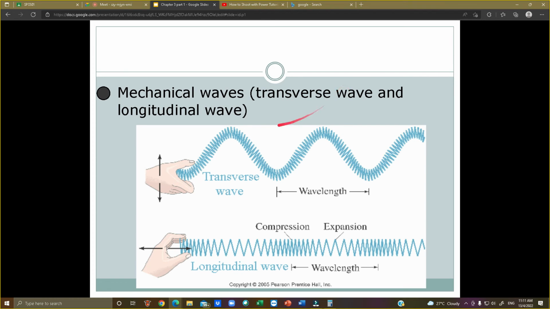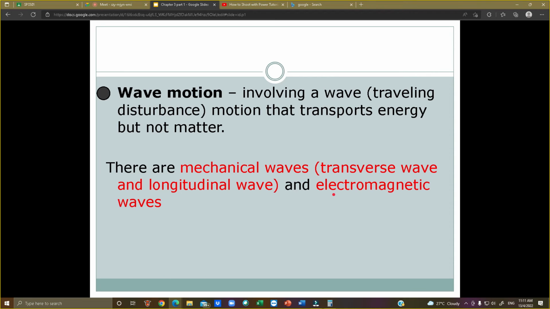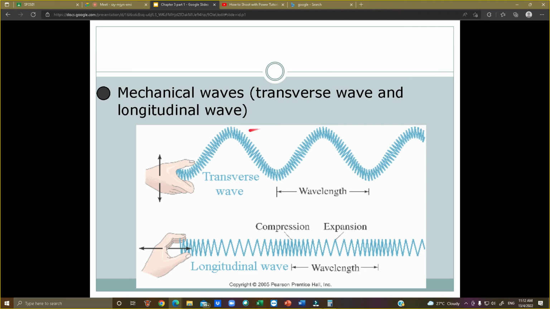Okay, this is some sort of mechanical wave. In those two waves, mechanical and electromagnetic, the way we want to describe the power of the wave is by describing dia punya wavelength. We describe the wavelength.